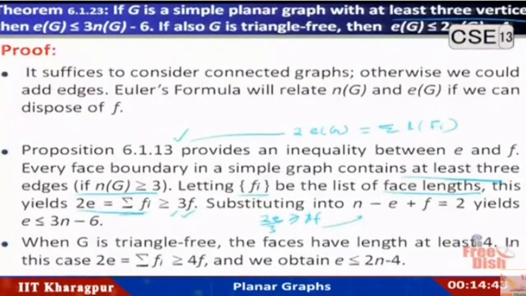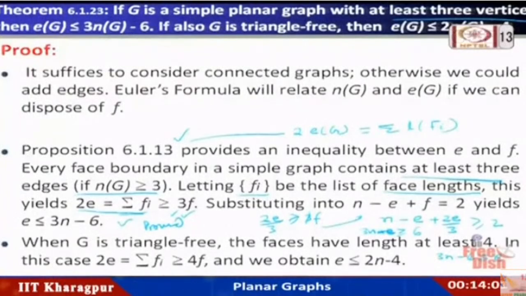If we substitute here n minus E plus 2E by 3 is greater than or equal to 2, this becomes 3n minus E is greater than or equal to 6, so that becomes 3n minus 6 is greater than or equal to E, that we have proved.